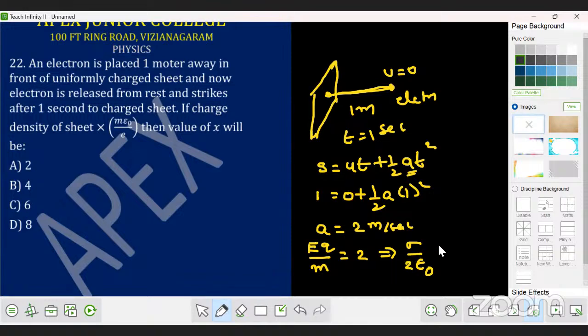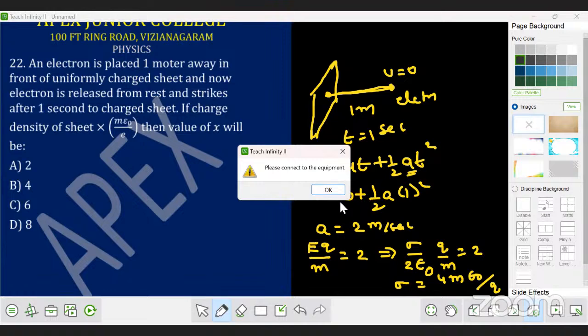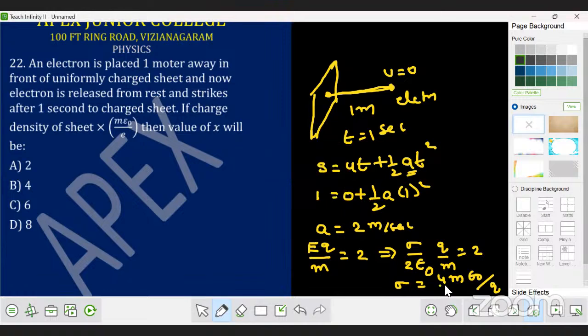Sigma by 2 epsilon naught into q by m equals 2 only. But they're asking for sigma, so sigma equals 4 m epsilon naught by q. It is given as e, but here you can write that. So what is the factor you have in place of x? That is 4. The factor here will be 4 only.